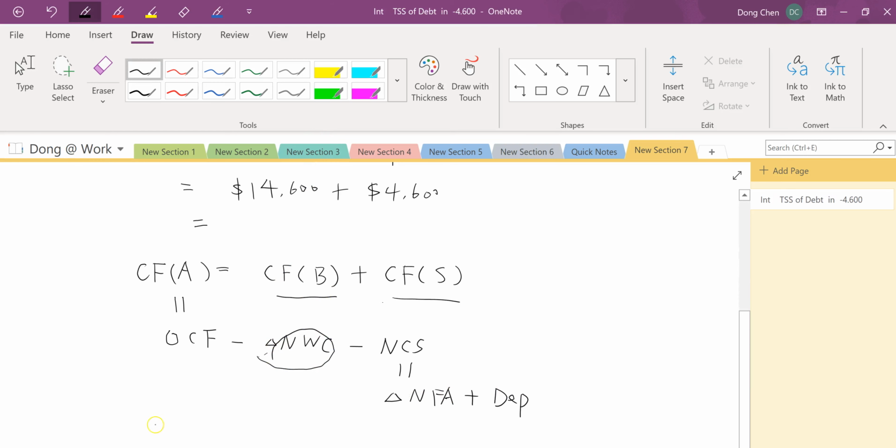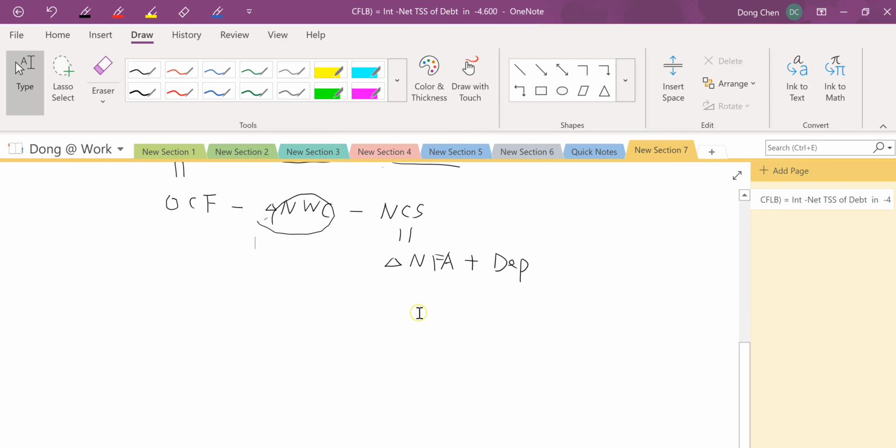So let me write explicitly this formula given all this calculation. Now if I move this negative, the change in net working capital, to the other side, it will change sign and become positive. So now I can solve this. The change in net working capital equals operating cash flow, and then minus net capital spending.